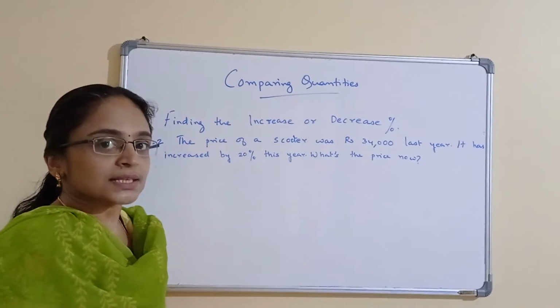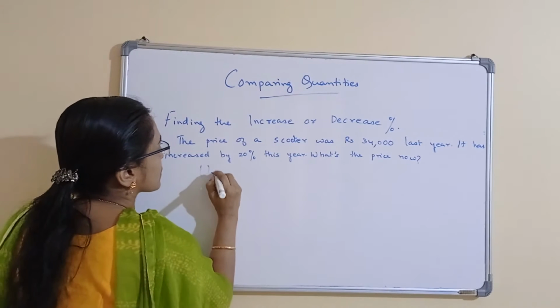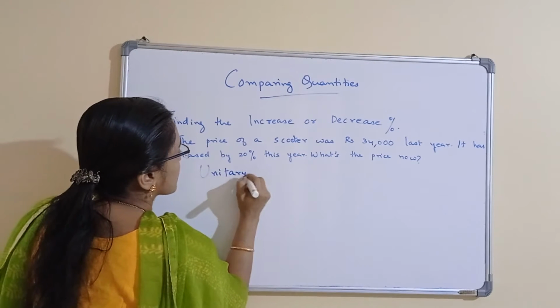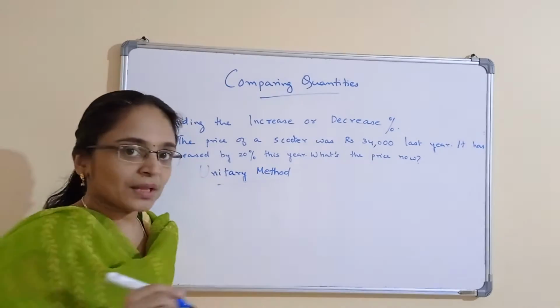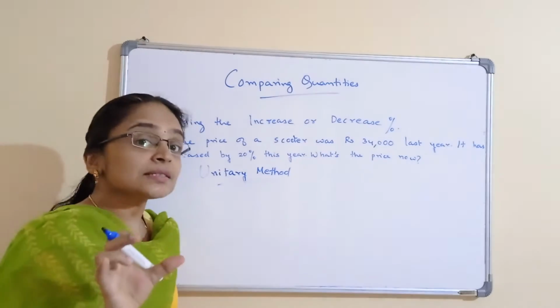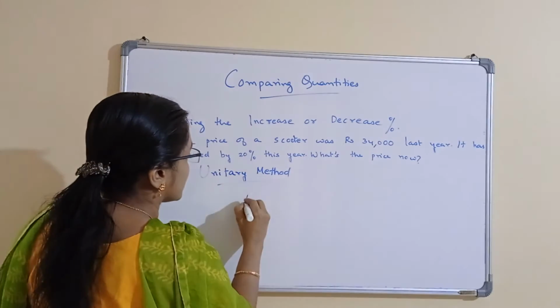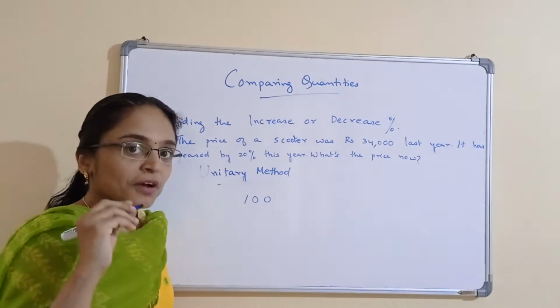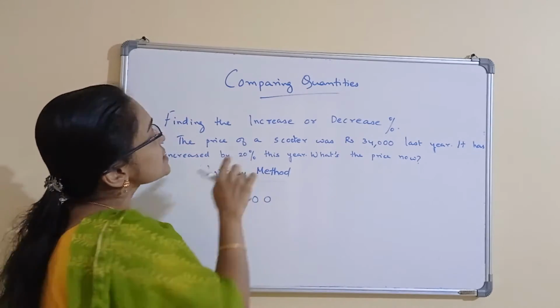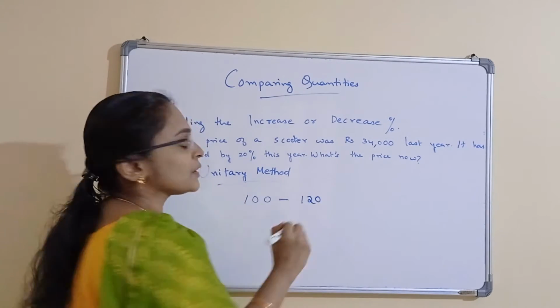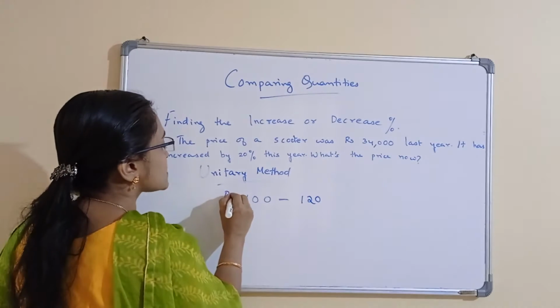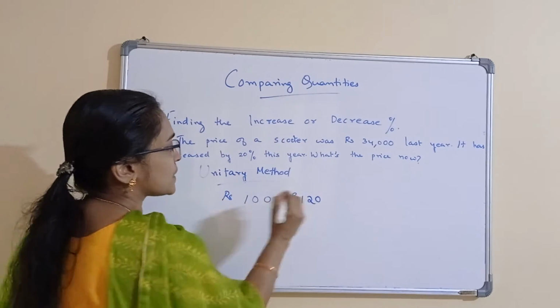Now we are going to discuss the unitary method. In the unitary method, what we can do is, first consider in terms of 100. That is, percent is in terms of 100. So increased by 20% means 100 has become 120. 100 rupees has become 120 rupees.